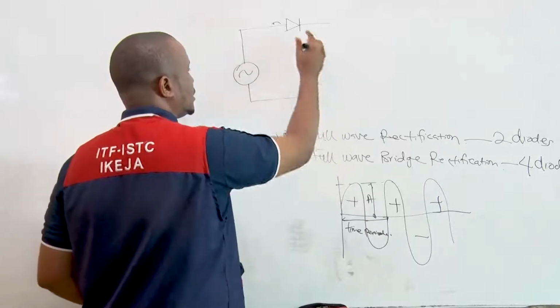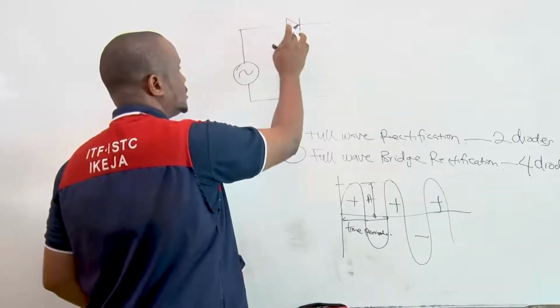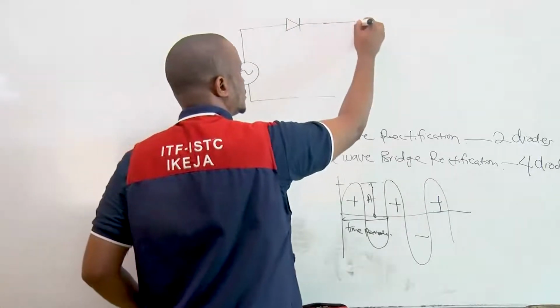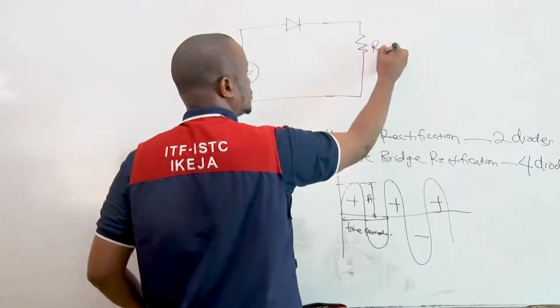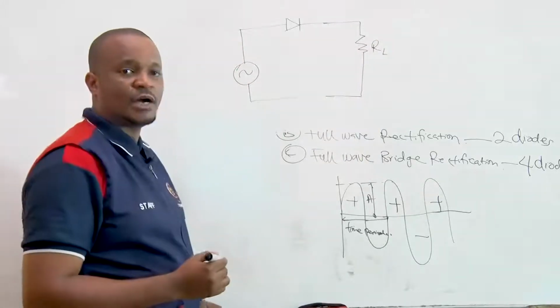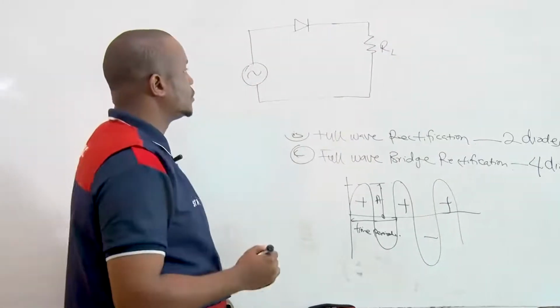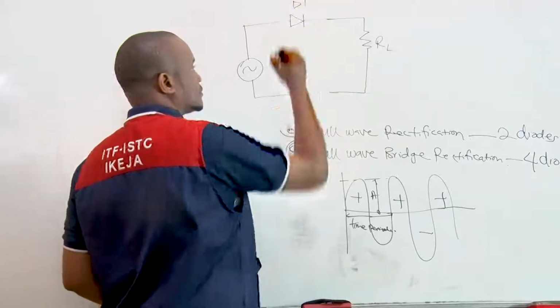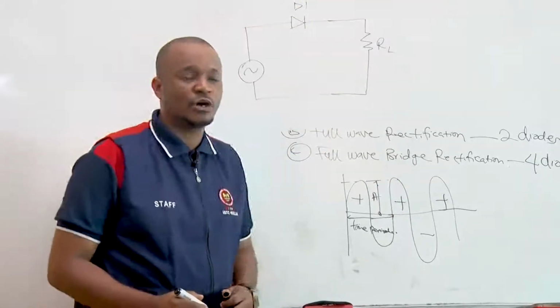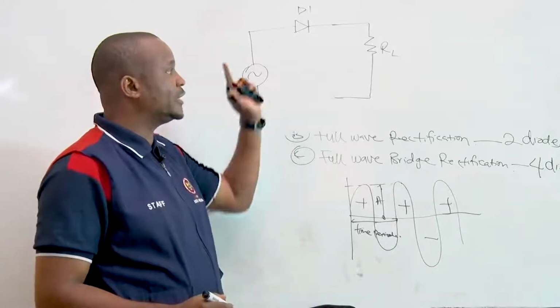So this is the way we draw it. So this is the single diode, okay? And then we'll have our load. So this is an example of a half-wave rectification where it makes use of 1 diode.